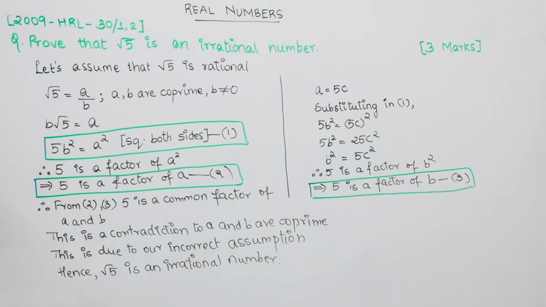This becomes our statement 3. So from 2 and 3, we get 5 as a common factor of both a and b, which contradicts our assumption that a and b are co-prime. Therefore, root 5 cannot be expressed as a fraction of co-primes. Therefore, root 5 is not rational, or root 5 is an irrational number.